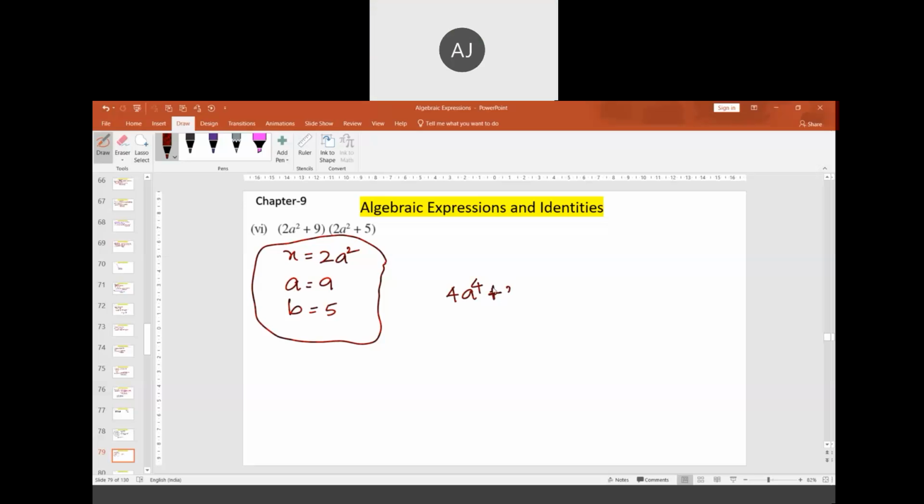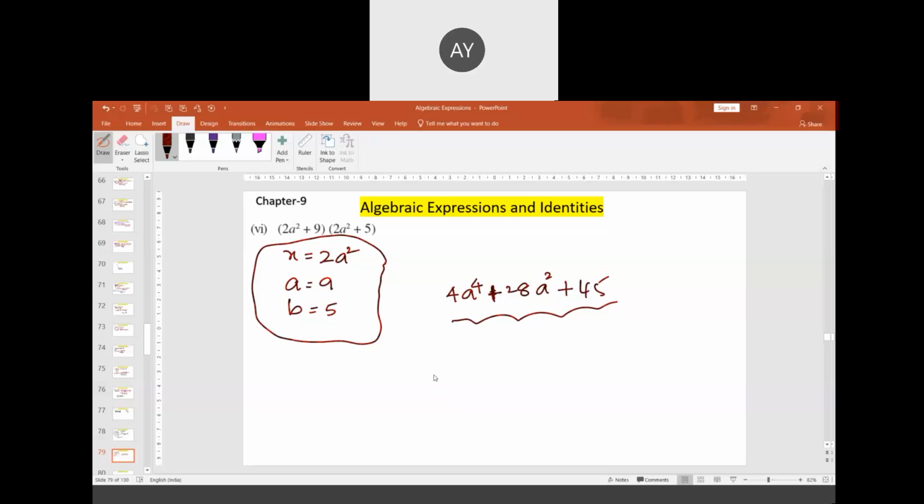And ab term is 45. You must get this answer. We got the correct answer.